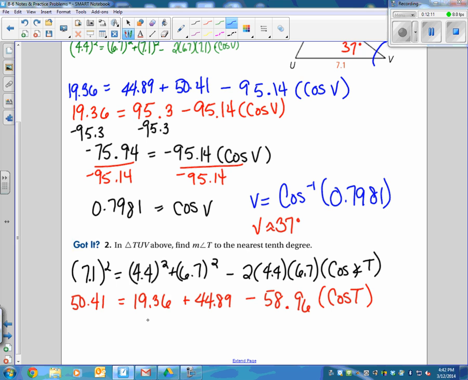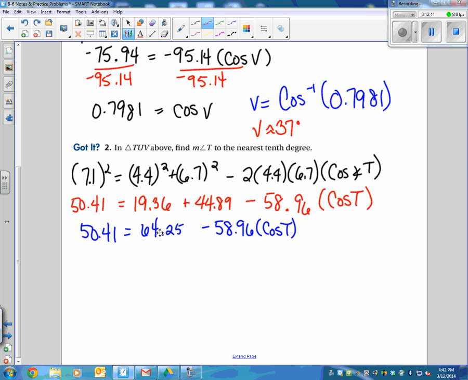So continue to simplify. I'll say 19.36 plus 44.89 gives me 64.25, and again still subtracting 58.96 times the cosine of t, and that will equal 50.41.